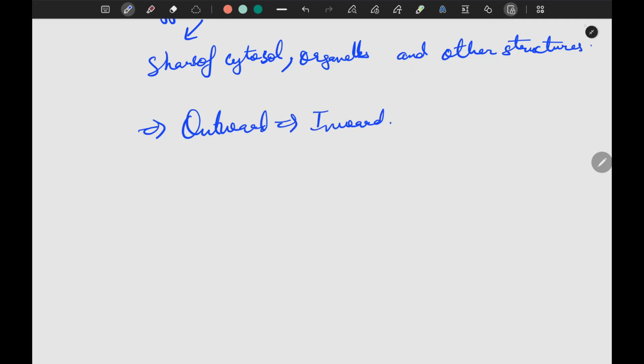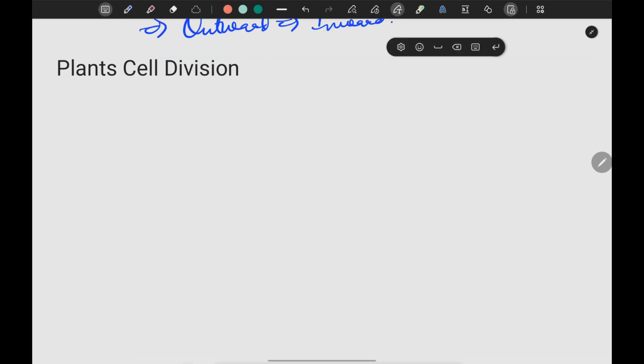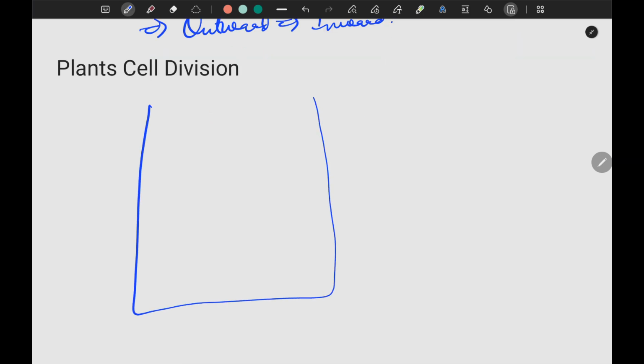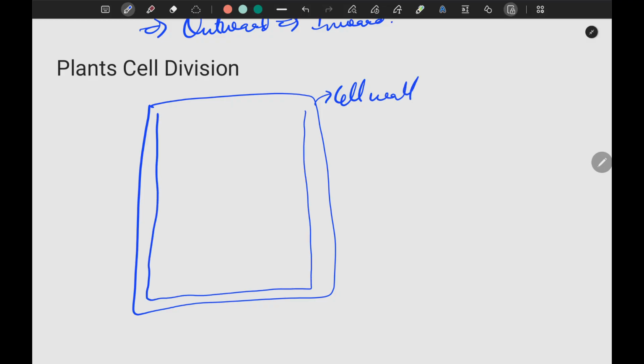Now we'll talk about the plants. So in plant cells, suppose this is a plant cell. Just for example, it has a cell wall, then it has plasma membrane also. The cell wall is too rigid.